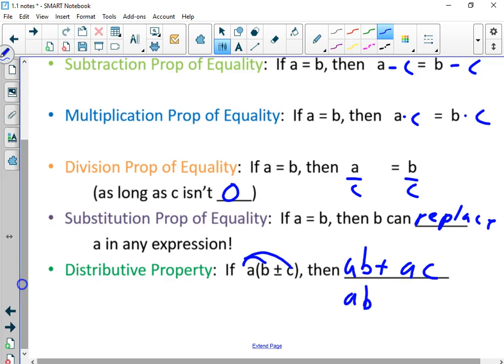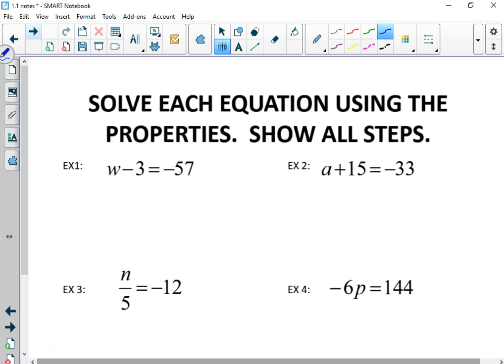Don't write this down, unless you want to write it down like that and put a line through it. That's the most common mistake with distributing, is not distributing through everything in the parentheses. Only distributing the first term. That's one of the most common things I ever see. So don't do that. Always make sure you go all the way through.